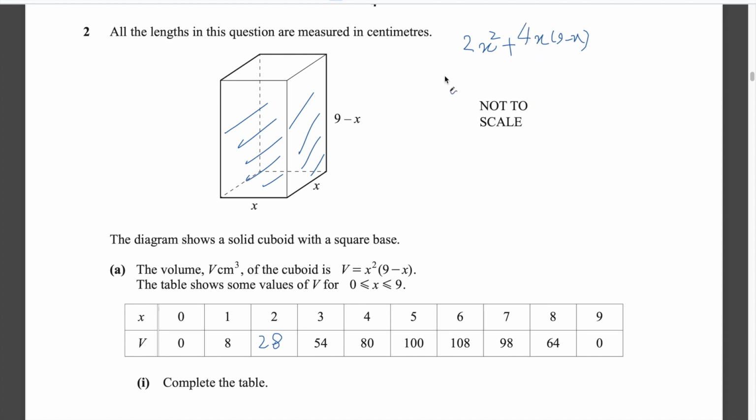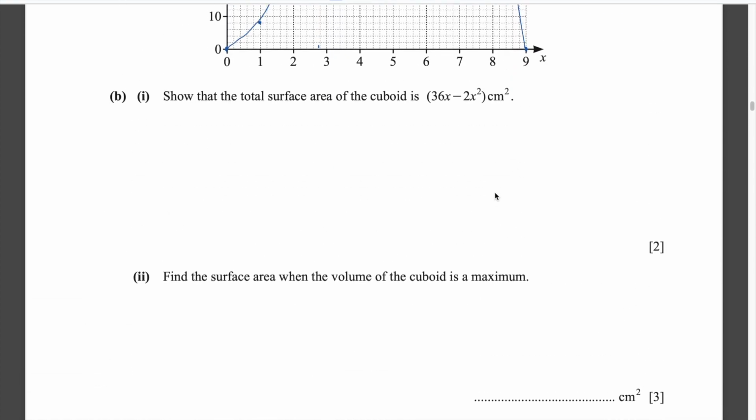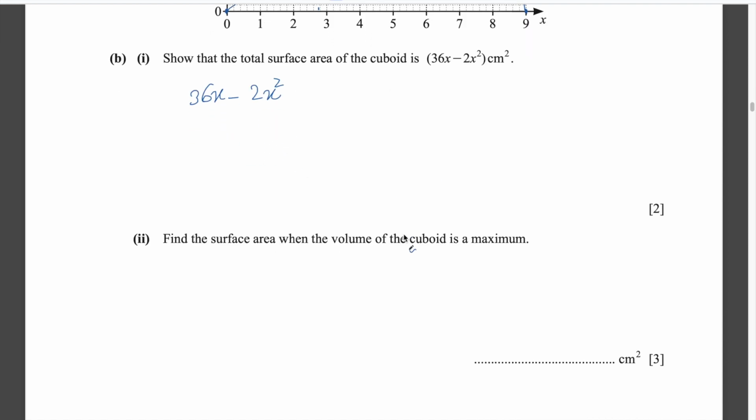So it will become 2x squared plus 4x times 9, 36x, minus 4x squared, so it will become 36x minus 2x squared. So I write the answer here, 36x minus 2x squared as the total surface area.